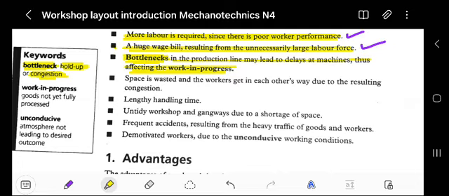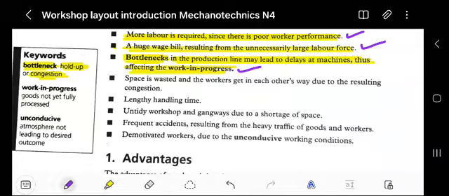We find there's unnecessary traffic in the production line. If you have poor planning for the machines, the production line might be delayed at the machines, working slowly, thus affecting the work in process. This is simplified.